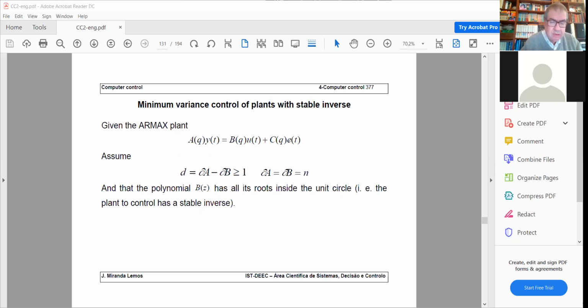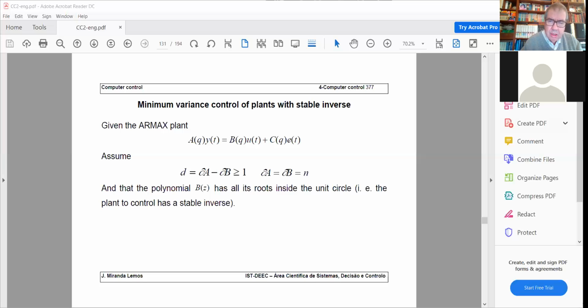An example is, for instance, an aircraft in which you want to keep the attitude, and it's disturbed by a wind that exerts random force on the aircraft.